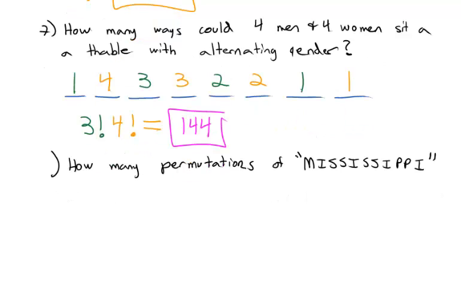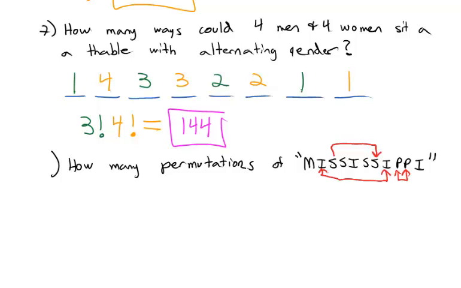So if we were to switch the order maybe of this S and that S and this I and that I and the P's, the word hasn't changed at all. It's still the same word. So it doesn't count as a new permutation because we've got a repeat happening.